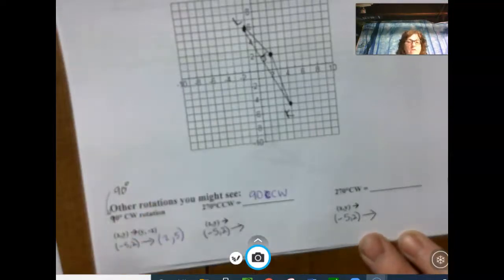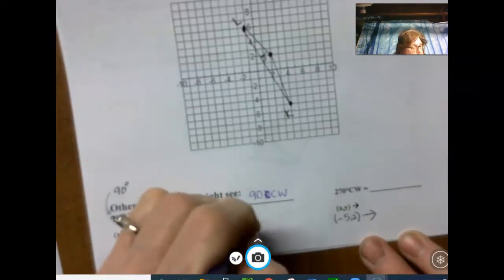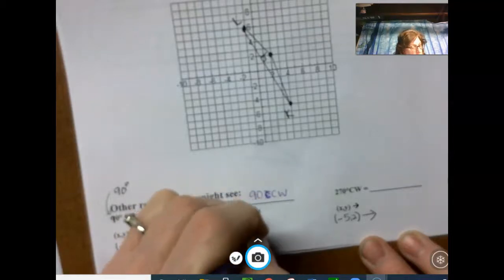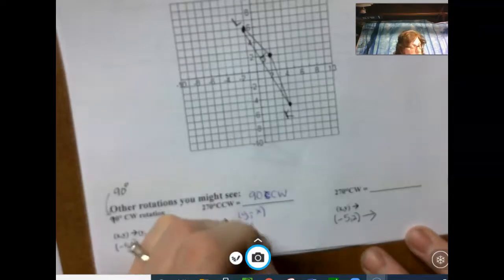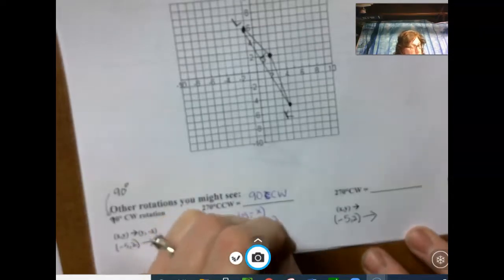Clockwise. So (x, y) is going to be the same as the one we just had, (y, negative x). And so negative 5, 2 is going to map to, what do you think? The same thing, 2, 5.